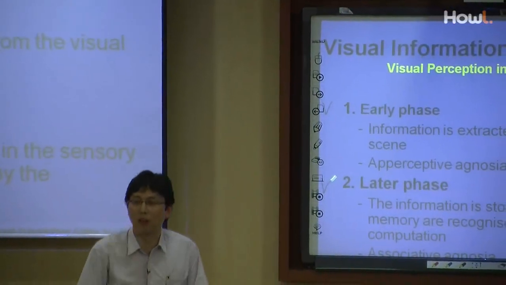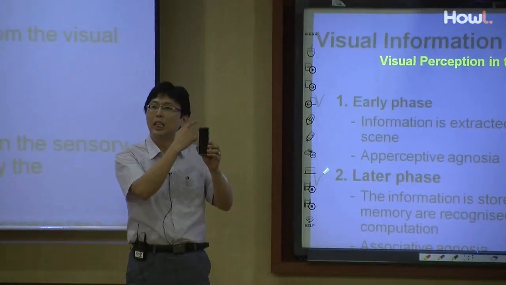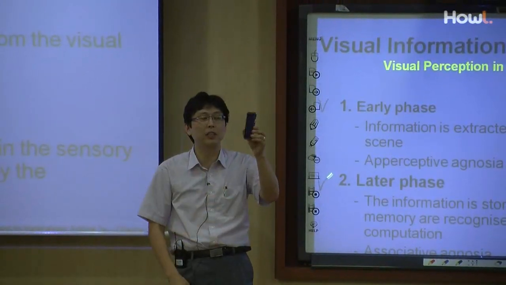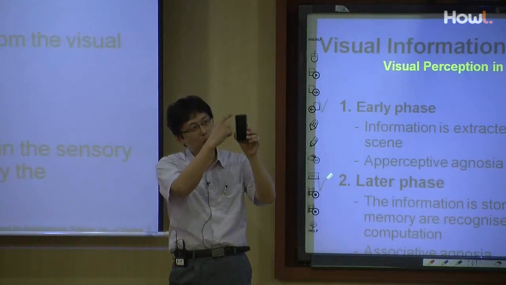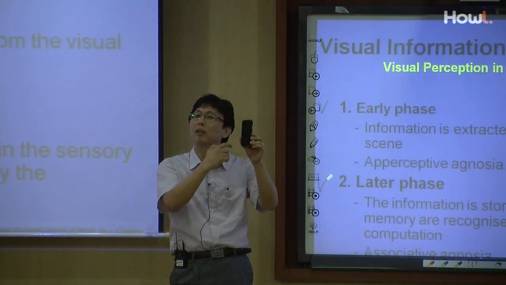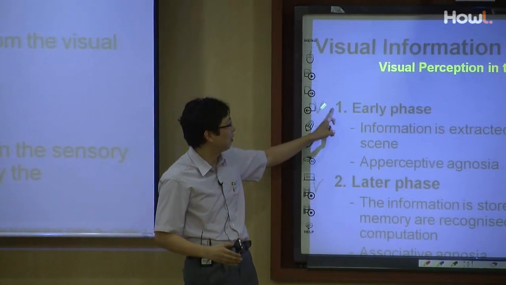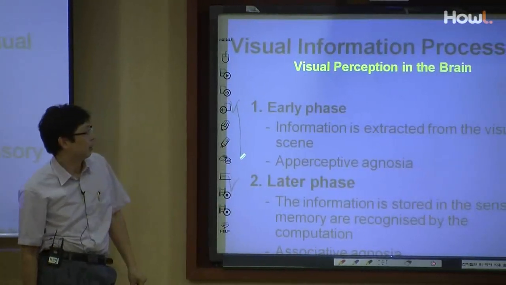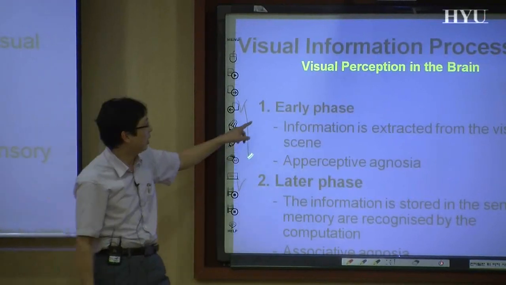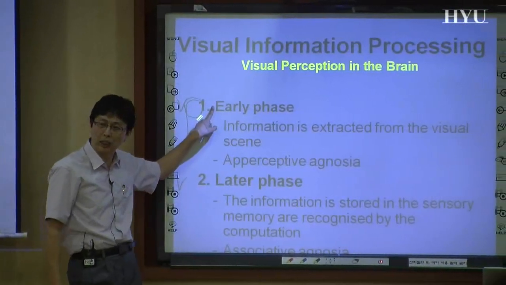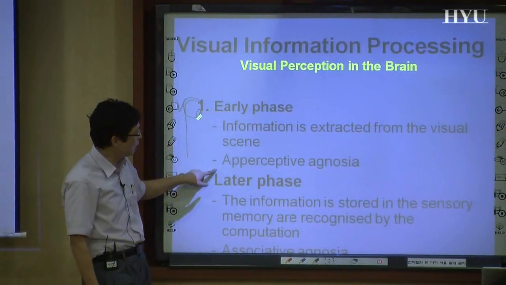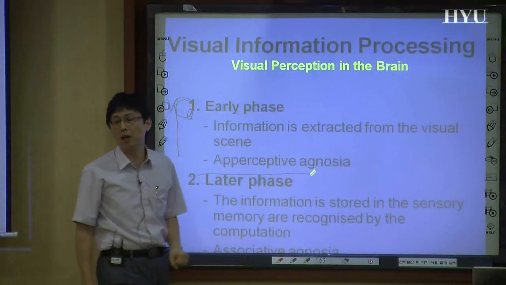When you see this object, you're trying to extract its features. That could be rectangle, black color. Those things can be perceived in the first phase. If this is not working, we can call this patient apperceptive agnosia.